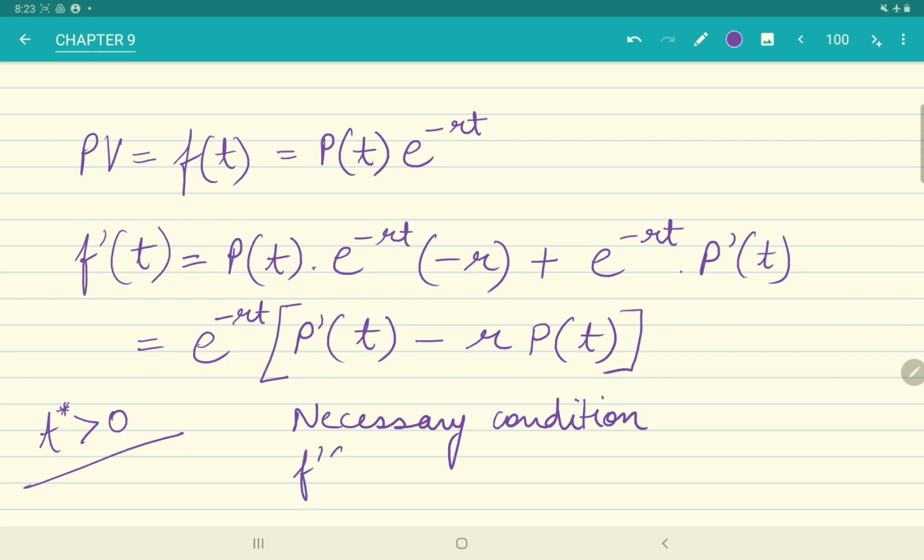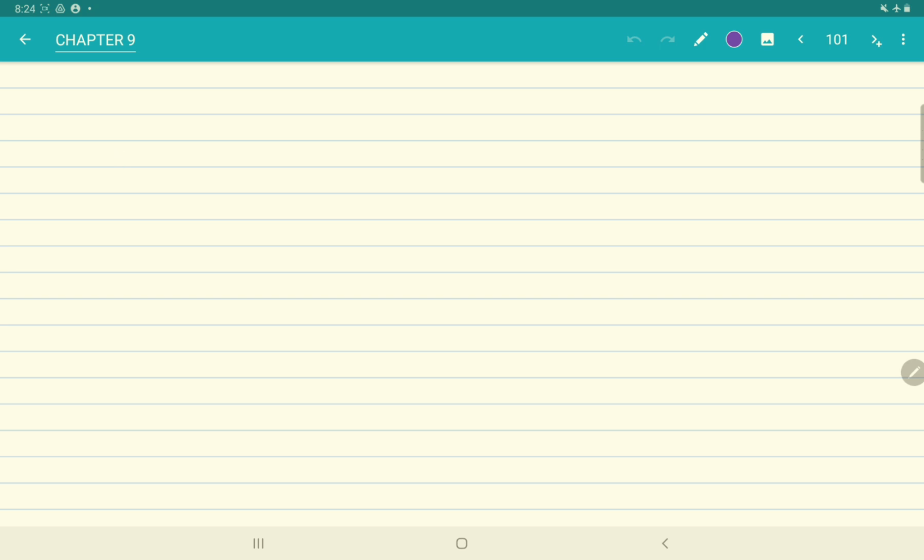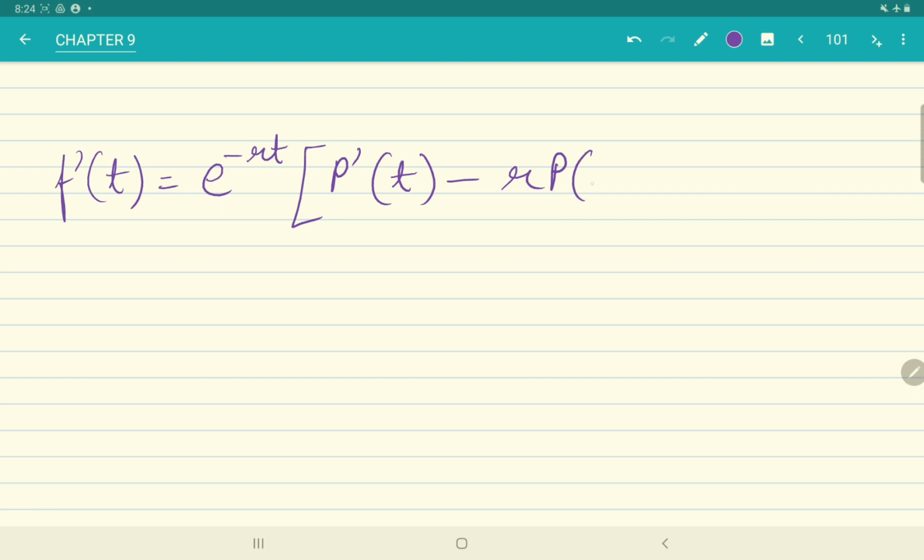That f prime t star should be equal to 0. And so what that means is that I have to go for e raised to the power minus rt. I know that f prime t is equal to e raised to the power minus rt times p prime t minus r p of t.